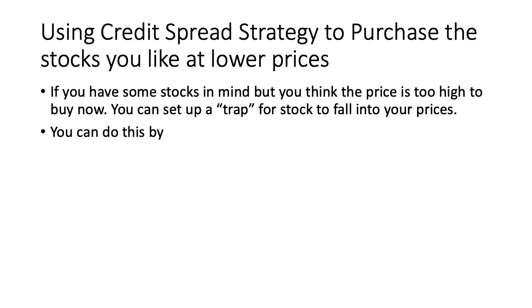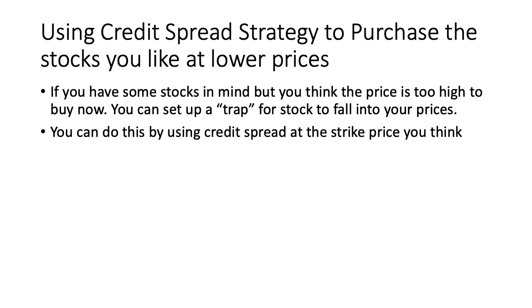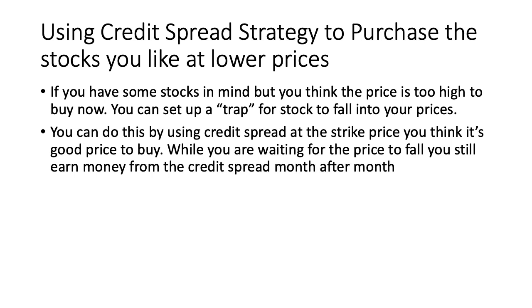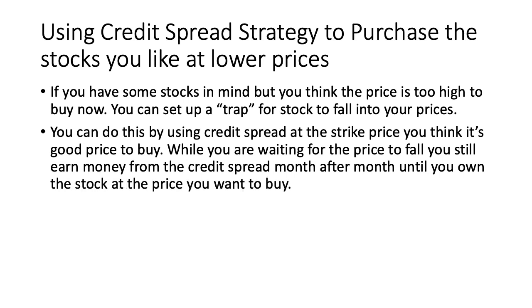You can do this by using credit spread at the right strike price you think it's a good price to buy, while you are waiting for the price to fall. You still earn money from the credit spread month after month until you own the stock at the price you want to buy.